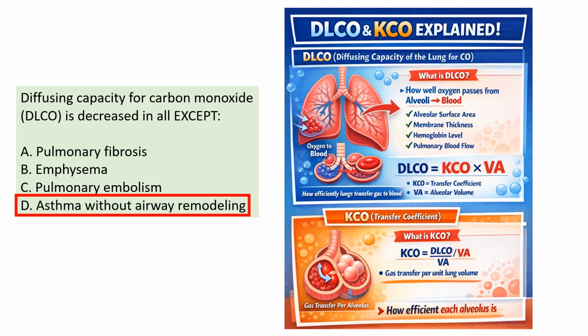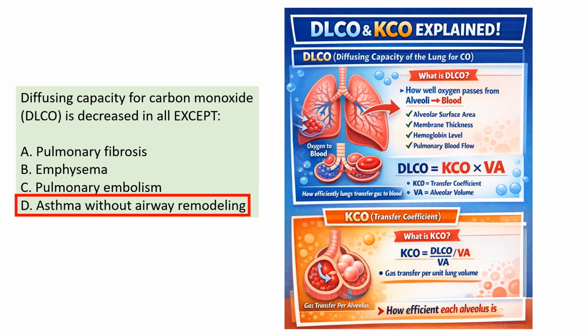I'll repeat again: DLCO is how well oxygen passes from alveoli to blood, and depends on alveolar surface area, alveolar membrane thickness, hemoglobin level, and pulmonary blood flow. If one of these is affected, DLCO will definitely be affected.